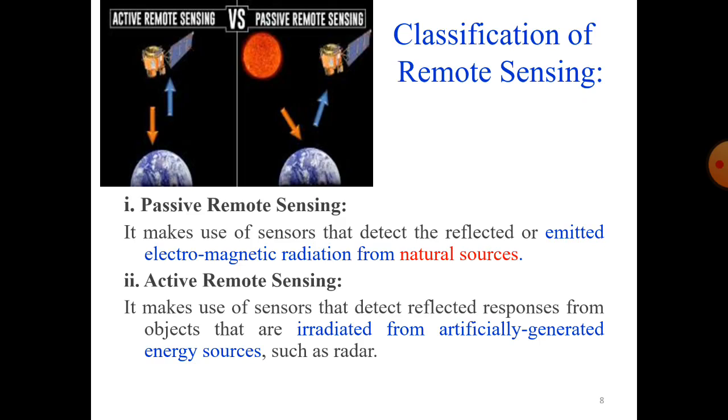It is called passive because it can emit the radiations only during daytime, and information about the earth cannot be collected during night time. So the energy resource won't be there during night time, so sensors will not work during night time. So this is about passive remote sensing.